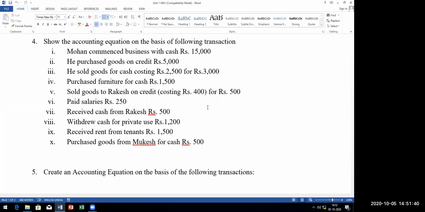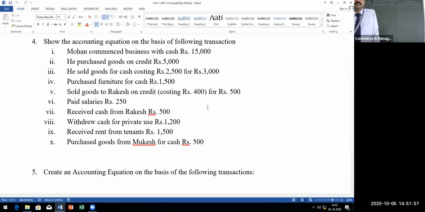Received rent from tenants rupees 1,500. Purchased goods from Mukesh for rupees 500.